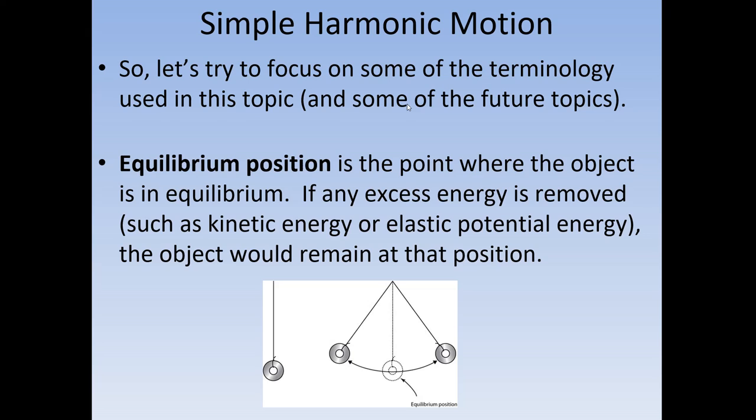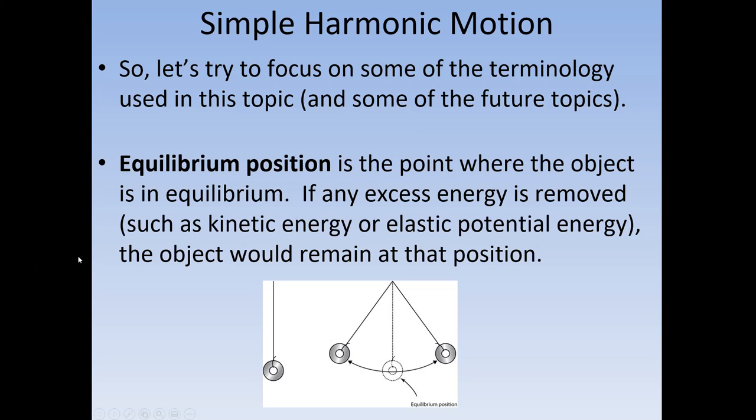It's either the point where the object is in equilibrium, so all the forces are balanced, or it's the point where, if there is energy in the system, such as excess kinetic energy, the object may not be completely in equilibrium, in which case we would say that if the object had all that energy removed, it would be where it would be in equilibrium. It seems a little bit weird, but there are two different scenarios.